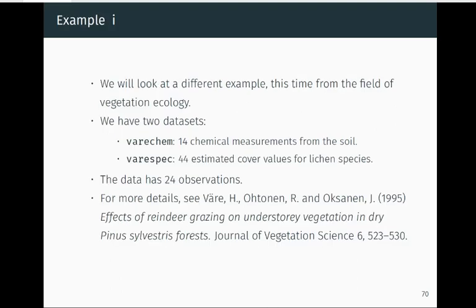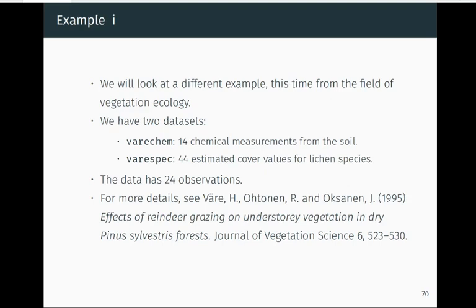So let's look at an example of how to use this in practice. We'll move away from the olive data set and use a different example this time, coming from the field of vegetation ecology. We have two data sets. We have varechem, which contains 14 chemical measurements from the soil, and varespec, which contains 44 estimated cover values for lichen species.